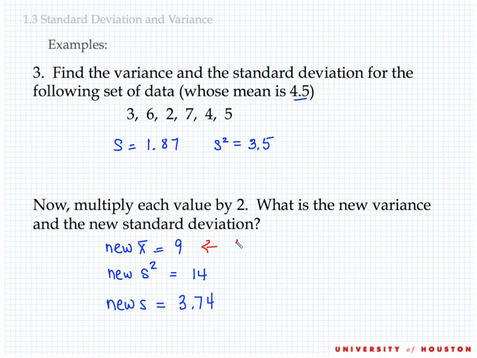This value is 2 times the original mean. This value is 2 times our original standard deviation. However, the 14 is from 2 squared times our original variance.